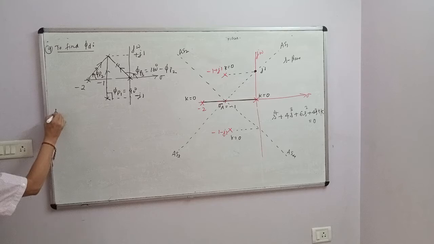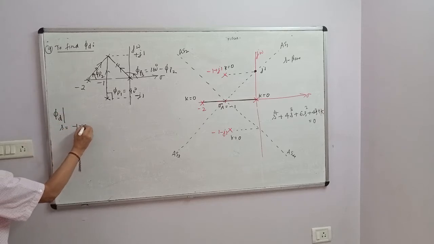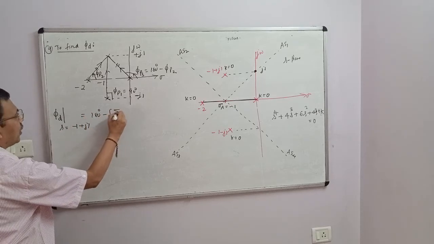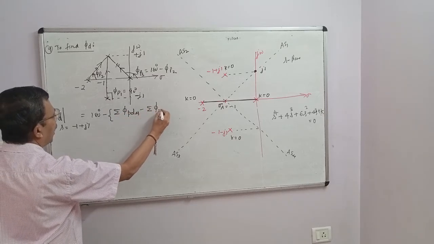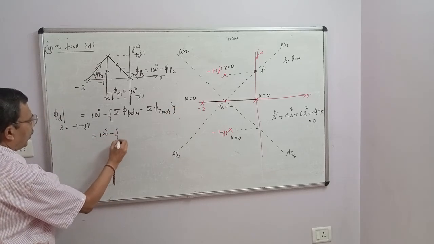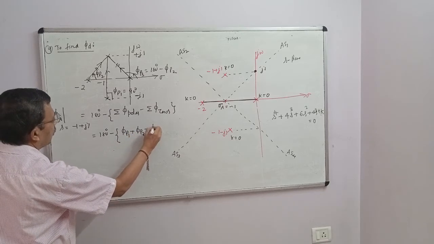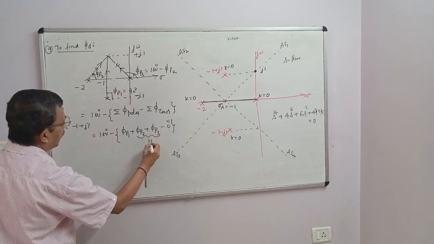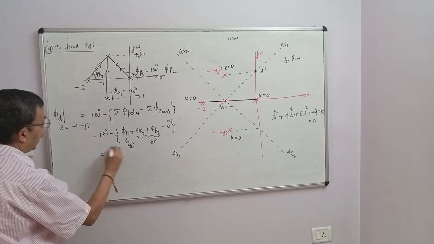Angle of departure of the pole at s equal to -1 plus j1 is equal to 180 degrees minus sigma angle made by poles minus sigma angle made by zeros, which is equal to 180 degrees minus (phi p1 plus phi p2 plus phi p3) minus 0 degrees. Phi p2 plus phi p3 is 180 degrees. Phi p1 is 90 degrees. Therefore, you get minus 90 degrees.